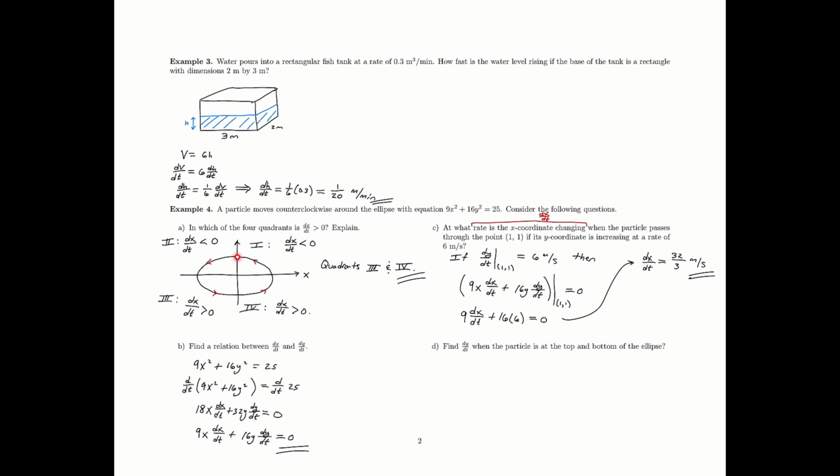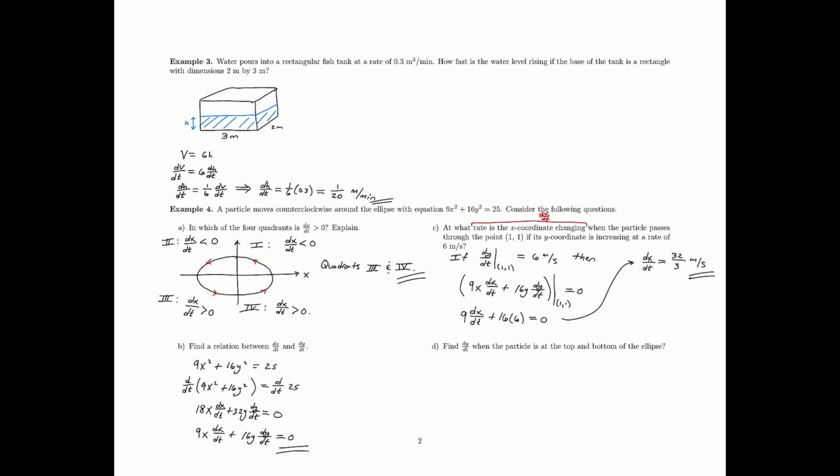When the particle is at the top of the ellipse, can the y value increase more? No. It's going to begin decreasing. But if we think about this as a continuous process, which this motion is, in quadrant 1, we know that the y-coordinate is increasing.